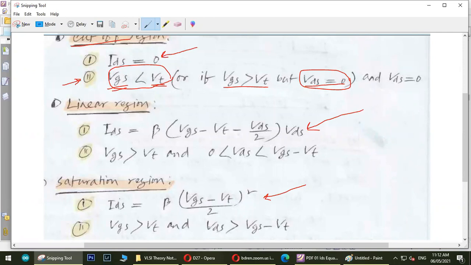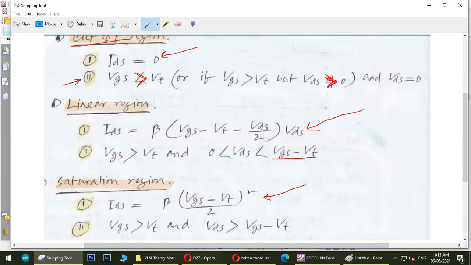Okay, now come to the next region, linear region. When you will have linear region, obviously you cannot have VDS is equal to 0. It should be more than 0, but less than VGS minus VT.